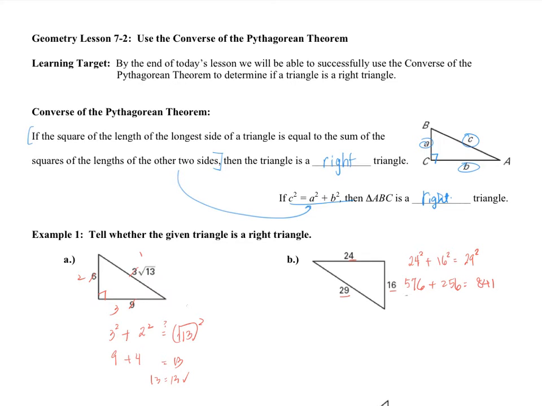And 576 and 256 makes 832. But this is not equal to 841. So no, this triangle is not a right triangle.